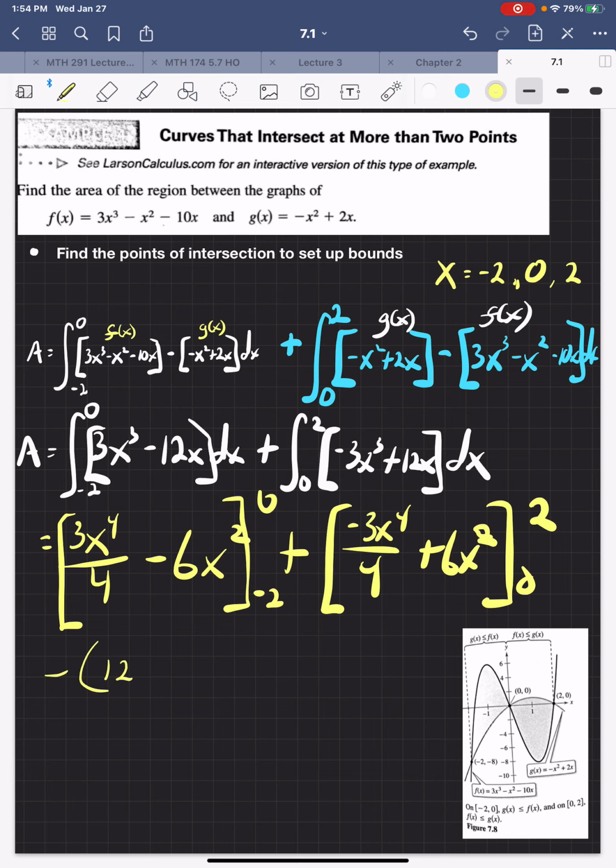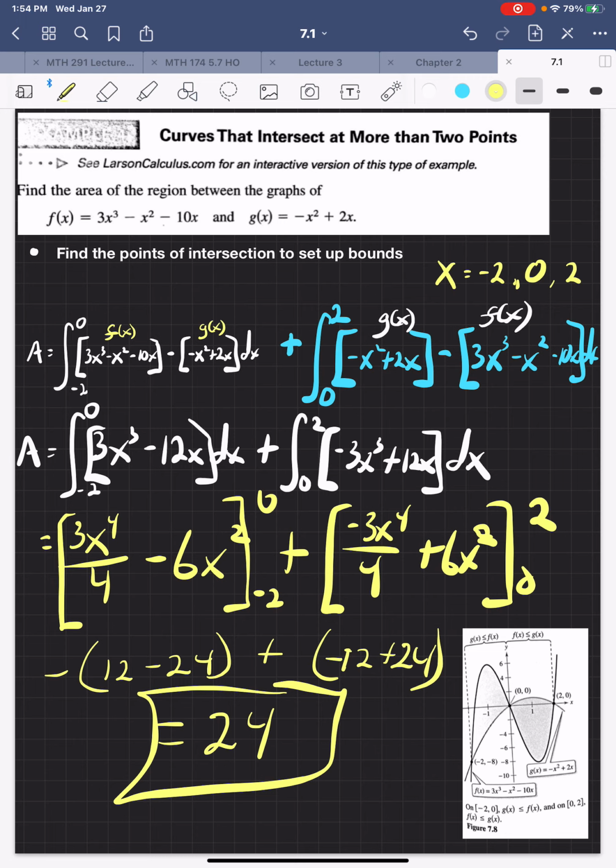So that would be 12 minus 24 plus negative 12 plus 24, which when we combine, we get 24.